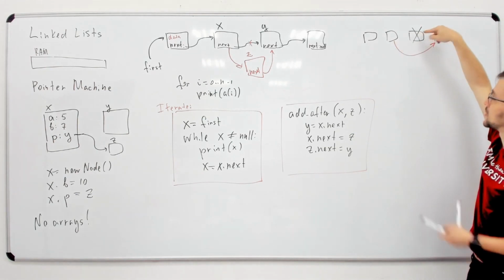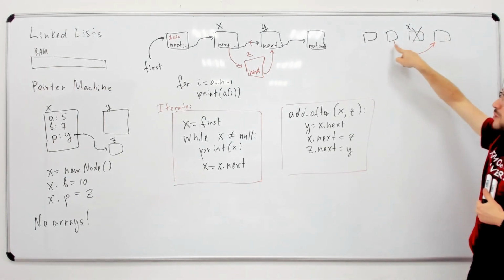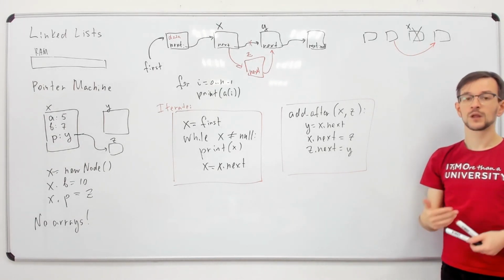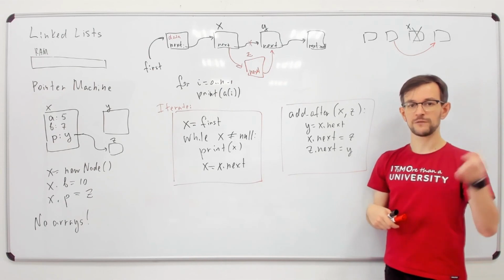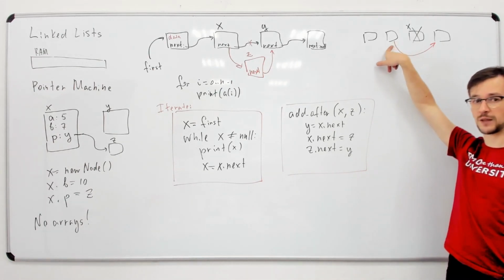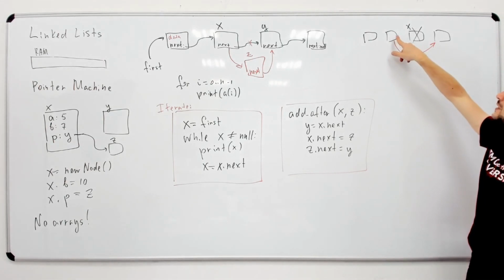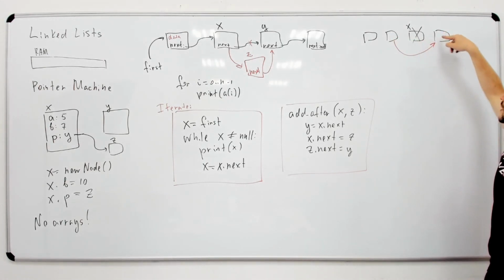So if you want to remove this element X, you need to find the previous element in the linked list. If you know the pointer to the previous element, then it's fine. You can just get the pointer to the previous element and move this next pointer to the element after X.